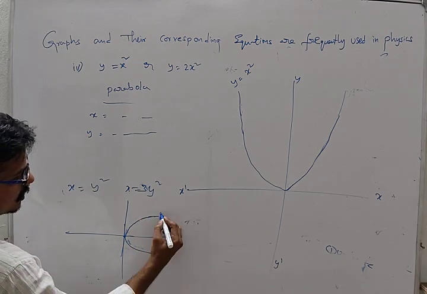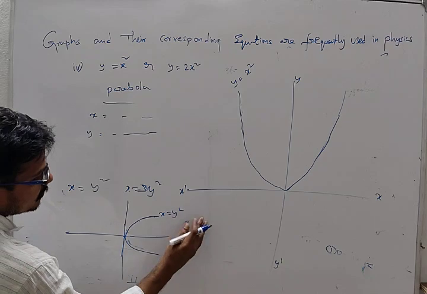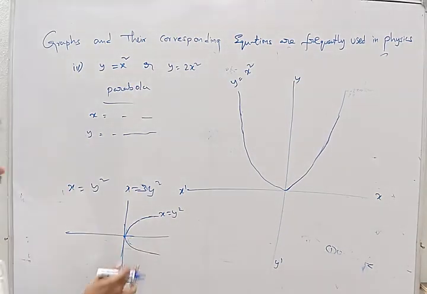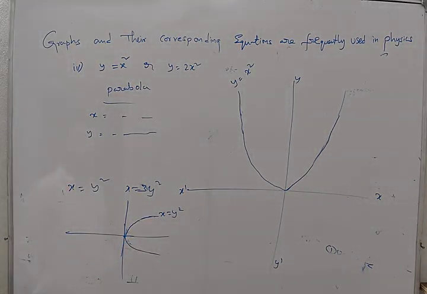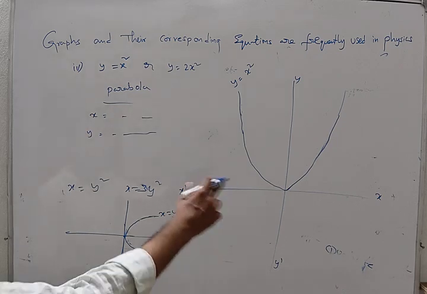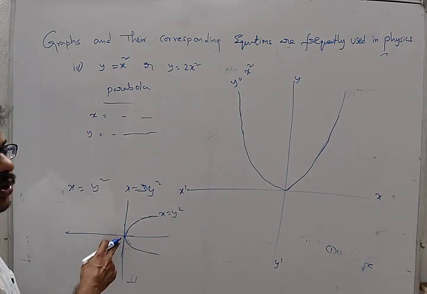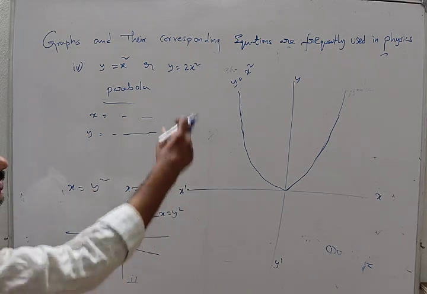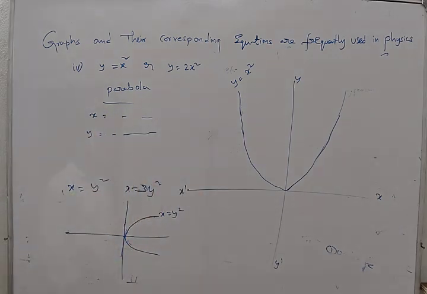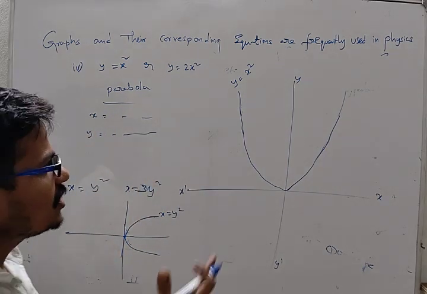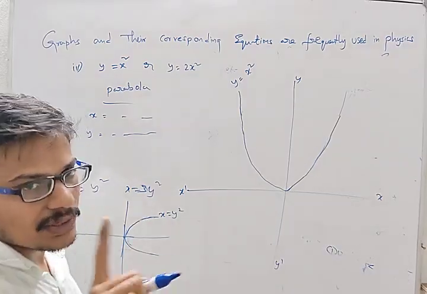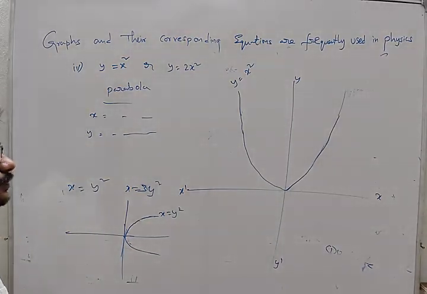Okay, this is the x is equal to y square graph. Now, these are general equations of graphs. This is also a parabola. A parabola will go through the origin. The shape is like a U shape. In the rectangular hyperbola case it is a C shape, but it does not go through the origin. Note it.